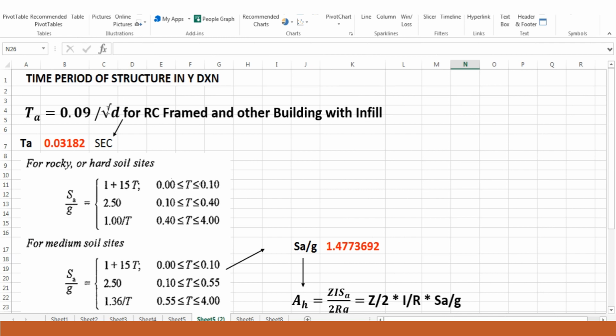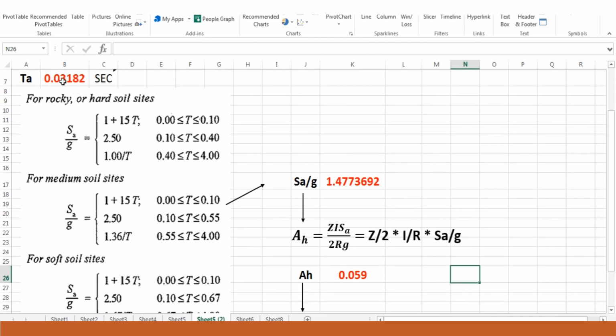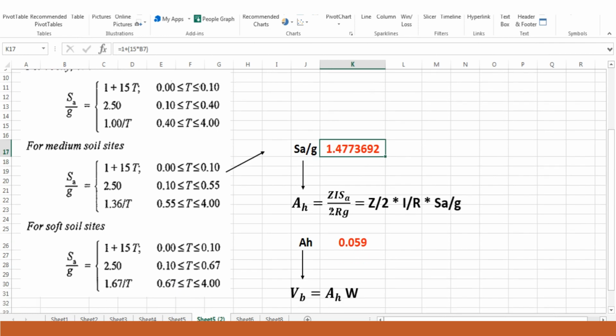Again TA is between 0 and 0.1 for the medium soil type the structure is being constructed in. SA by G would be 1 plus 15 into T. So we get the value of SA by G equal to 1.477.